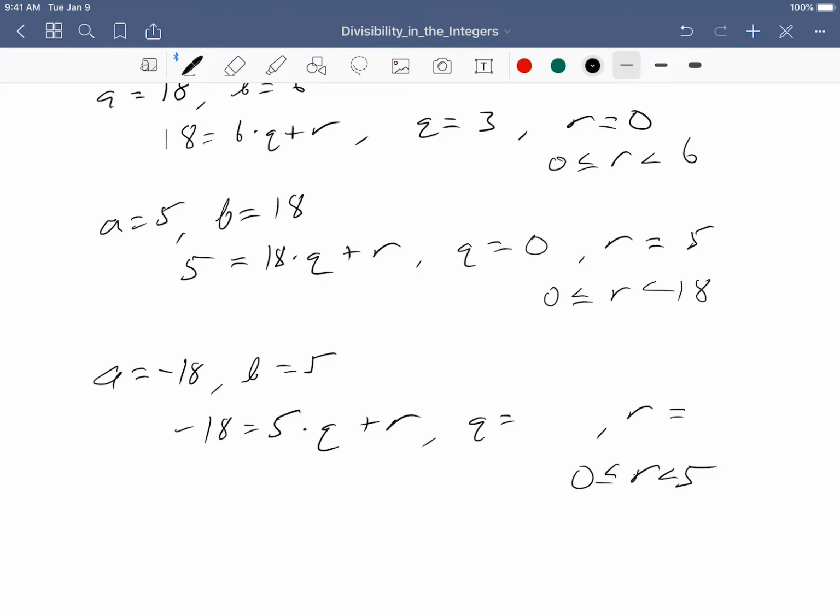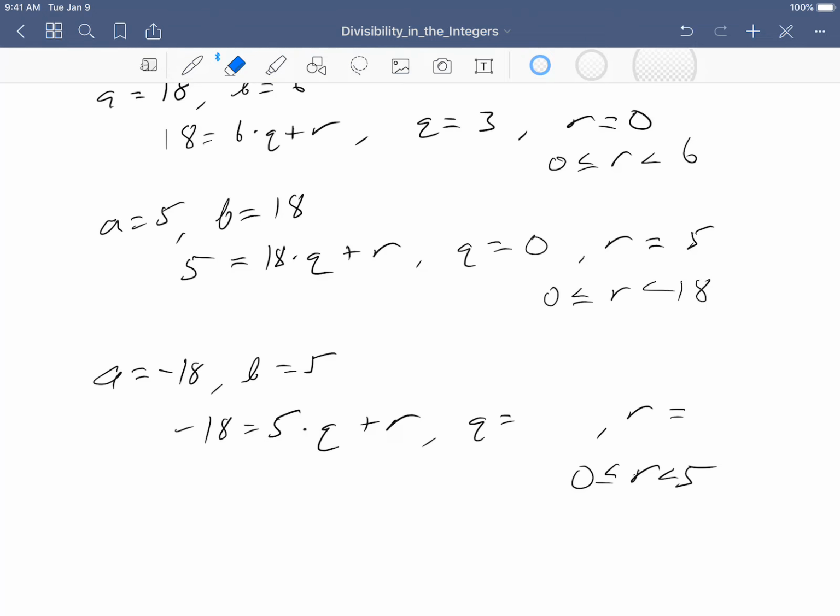This time, you may want to do something like negative 3 for q. If we do that, then we have negative 18 is negative 15 plus, we're going to have to add a negative 3, which isn't allowed. So that doesn't work.